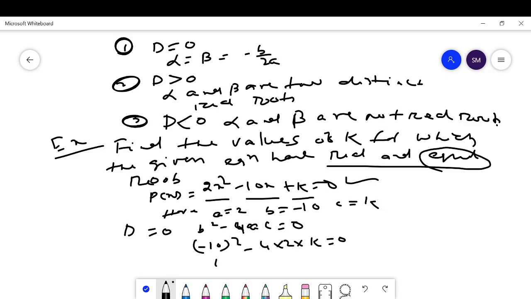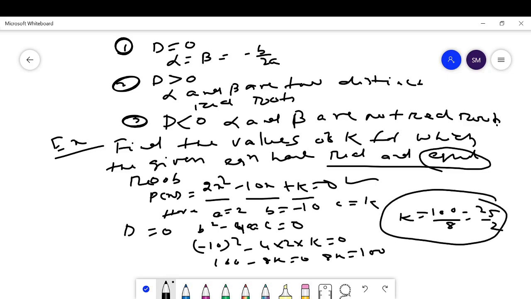This means 100 minus 8k is equal to 0, 8k is equal to 100. k is equal to 100 upon 8, which is equal to 25 upon 2. For this value of k, 25 upon 2, we get real and equal roots of the equation.